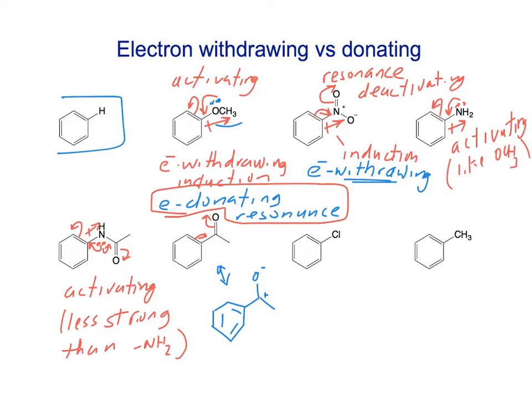And that plus also shows us that we would have an inductive effect here as well, right? Because we have a plus group right next to the ring. So this has both resonance and inductive effects that are withdrawing from the ring. It doesn't have a full plus like the nitro group, but this is an electron withdrawing group.